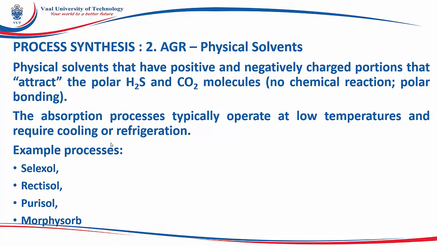This type of physical solvent application for AGR is very popular. The processes usually use solvents such as Selexol, Rectisol, Purisol, and Morphysorb. These names are based on the proprietary solvents that are used to absorb the acid gas.